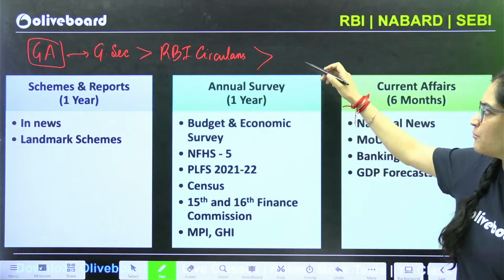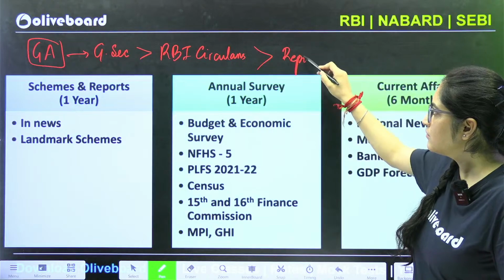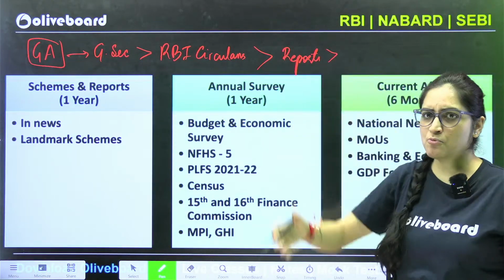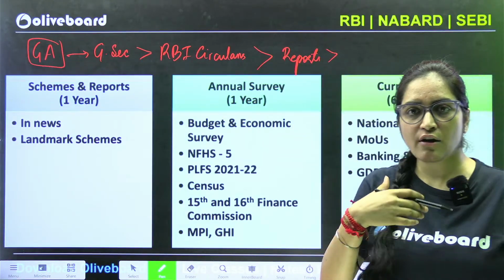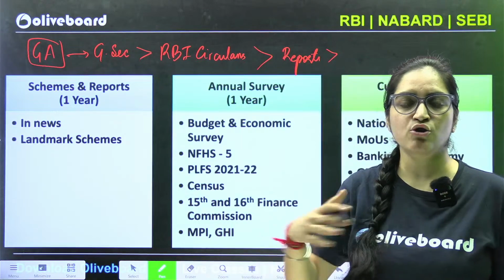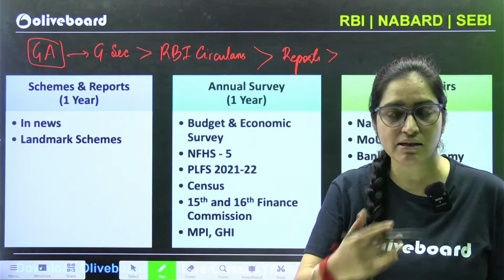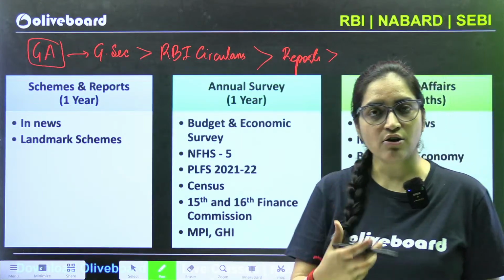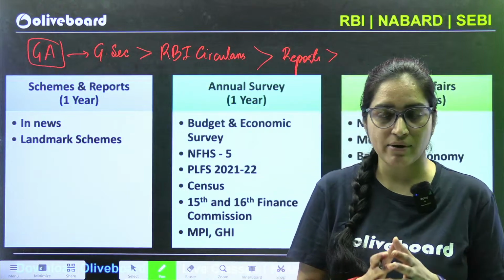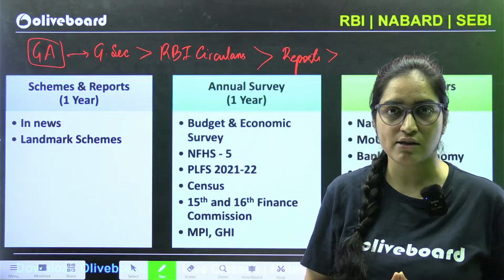Then there were reports, question out of reports were there. Then even question from sports were there. Questions from multiple news out there, some MOUs being signed. So that means, PIB based news. Not even that, books and authors news also come every now and then. Questions do come from that domain as well.